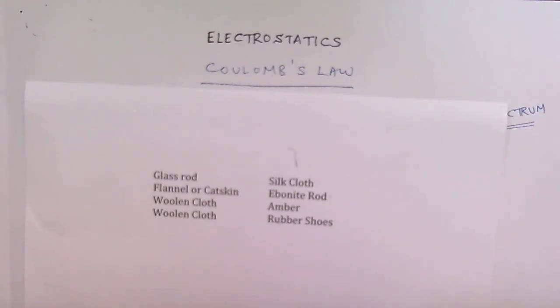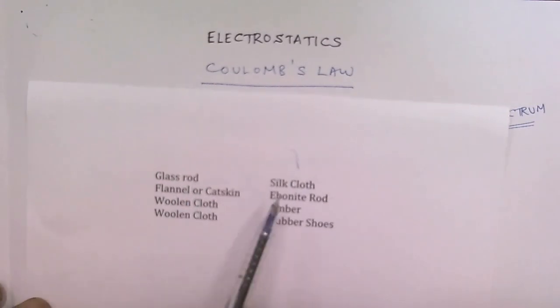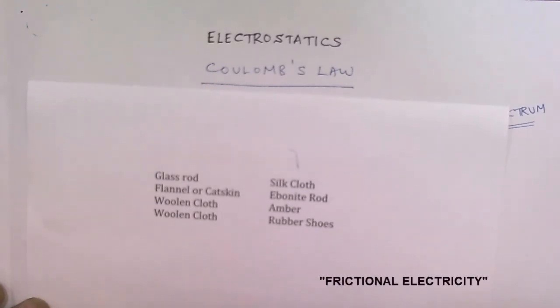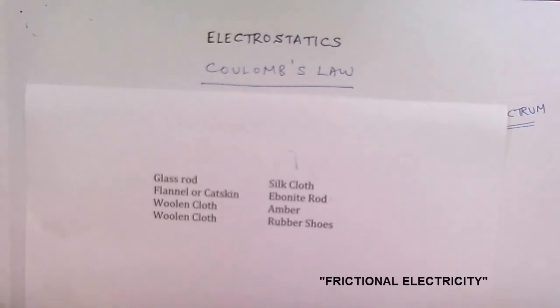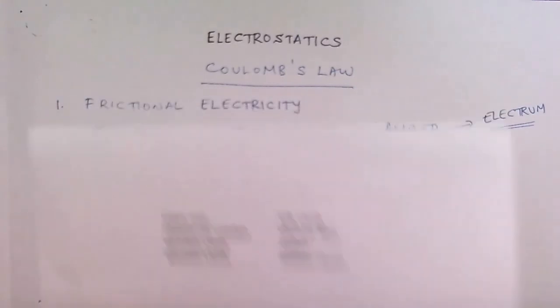So what we get from all this is that when certain stuff is rubbed with certain other stuff, what we get is electricity. Now, the electricity which is developed on bodies when they are rubbed with each other is what is called frictional electricity. This is quite important, so let us just write it down.